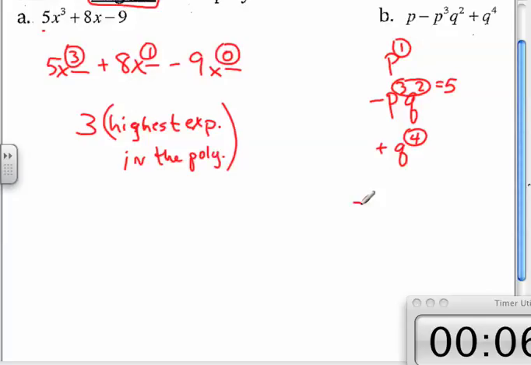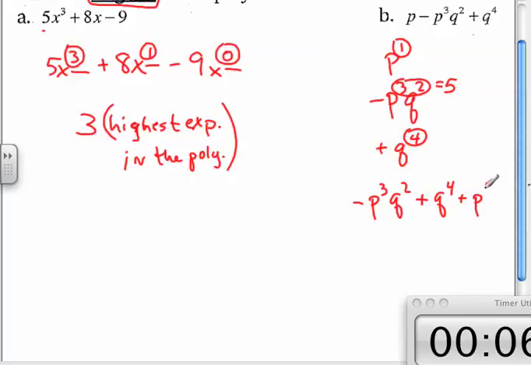So we would write negative p cubed q squared and then plus q to the 4th plus p to the 1st. Okay? Because for it to be in standard form, we need to write the degrees in descending order.